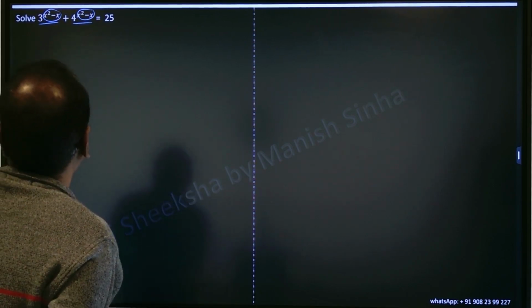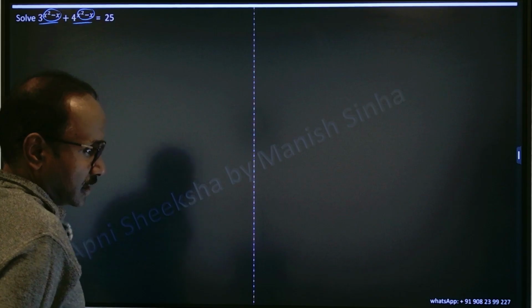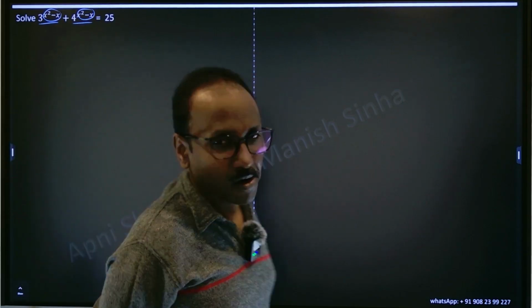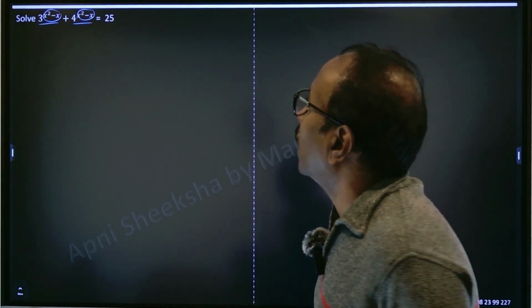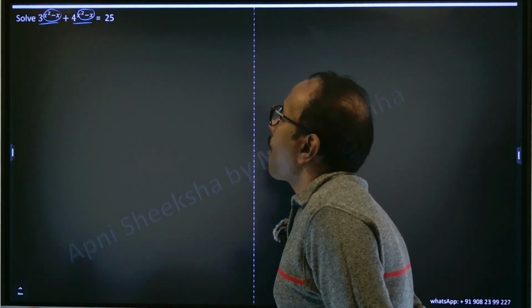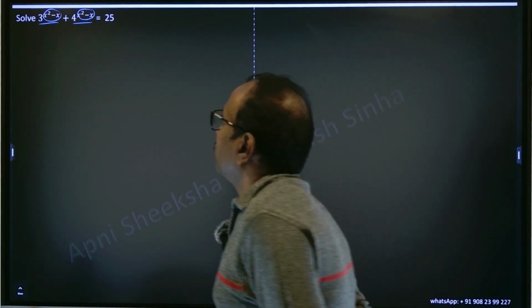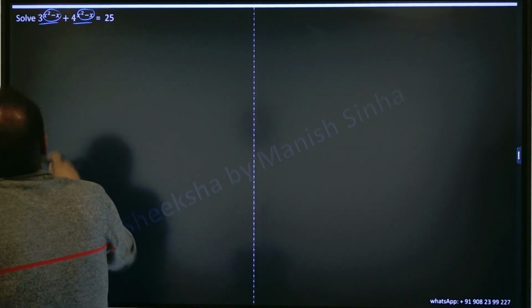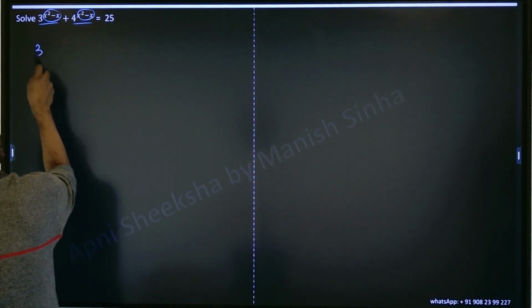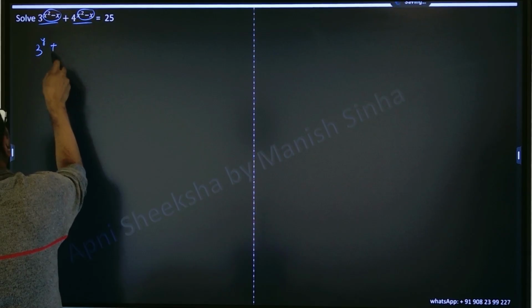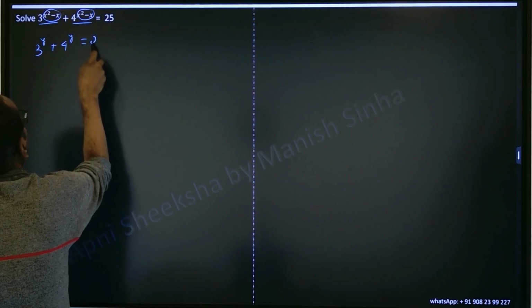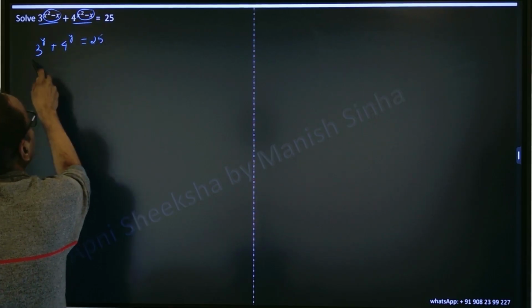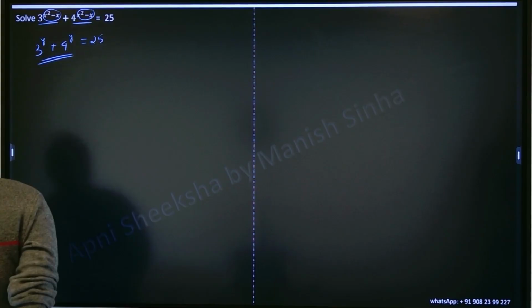But 3 and 4 is not equal. So even if you take this x square minus x as y, your equation will become 3 to the power y, 4 to the power y is equal to 25. So not easy to solve.